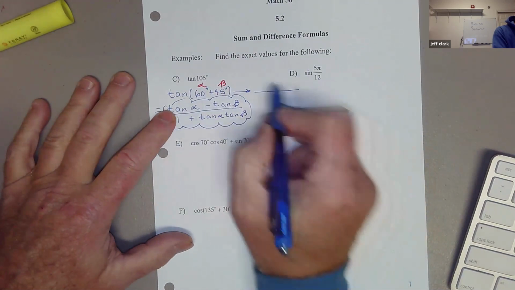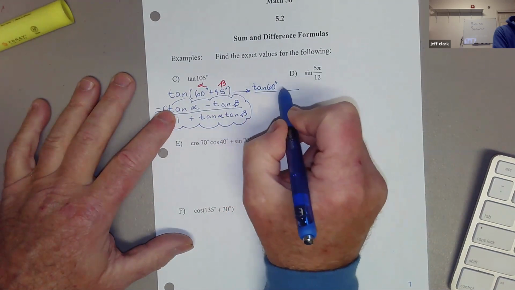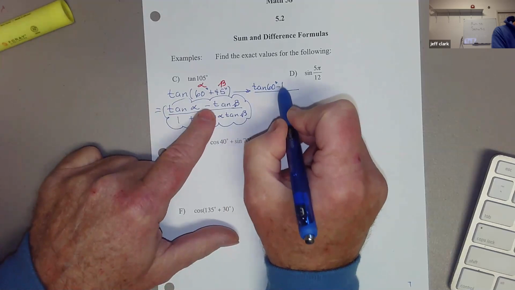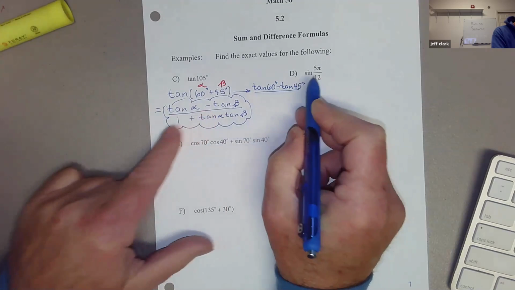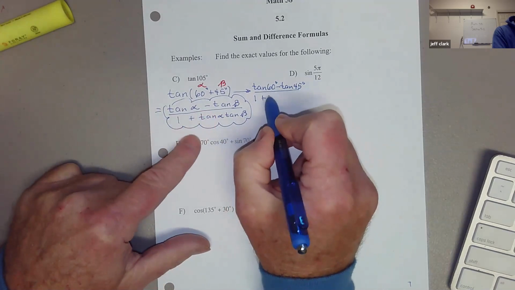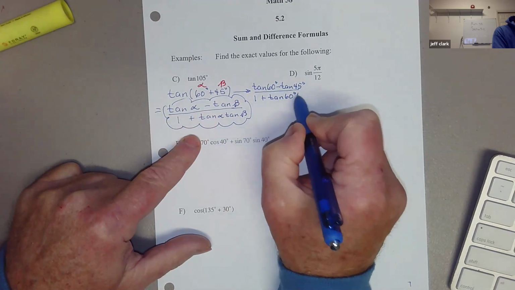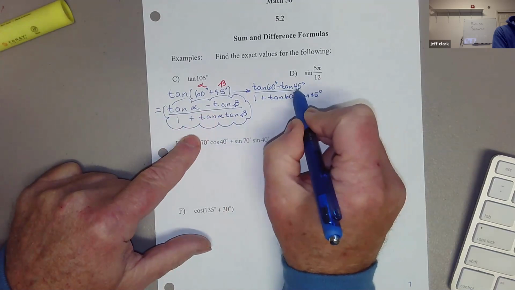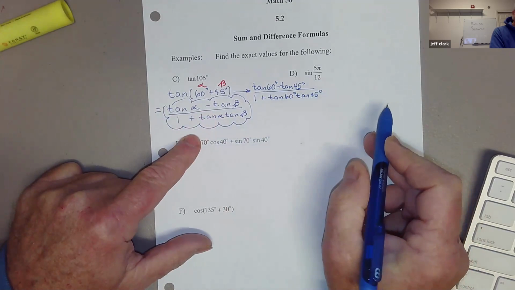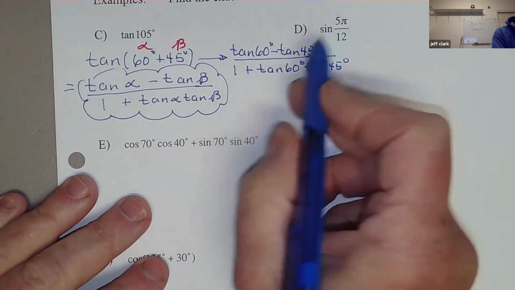So tan of alpha, that'd be tan of 60, and then subtract tan of 45, over 1 plus tan 60, tan 45. That's multiplication. And now we use the wheel to come up with your exact answer.